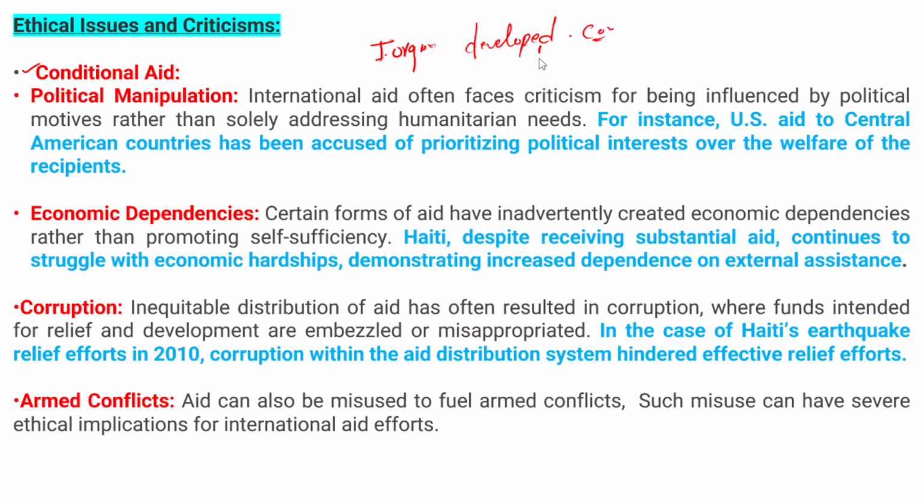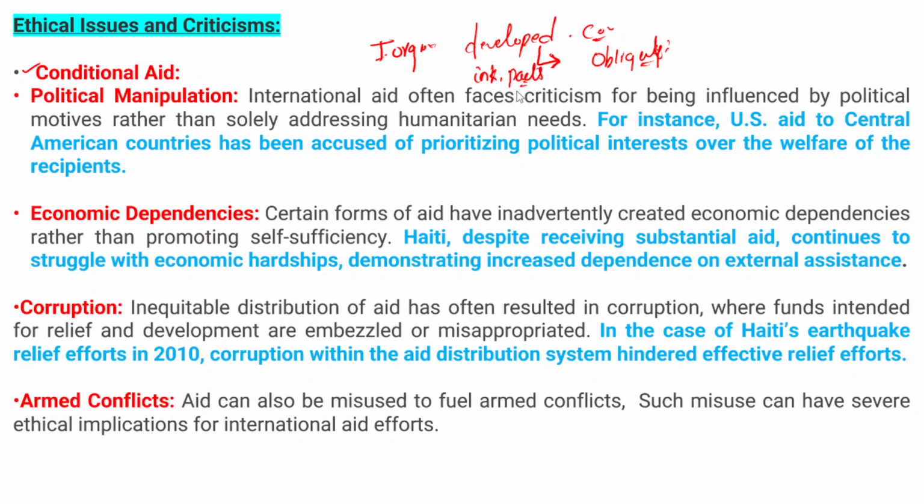But that aid comes under certain obligations with respect to opening up the economy or favoring the businesses or investments from a particular country, or even coercing those countries which have been receiving the international aid to ink security pacts with these countries.